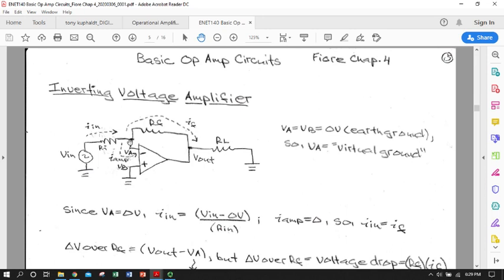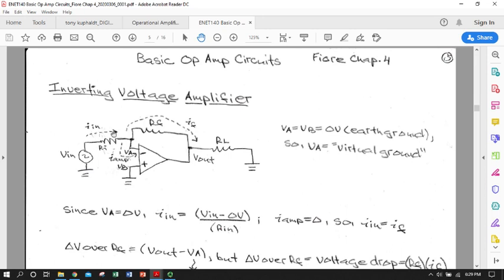So current is not going to flow into the inverting terminal because we have infinite input impedance into our op amp. So all of I in is going to flow into this node that has a voltage of V sub A, and then it's going to flow through the feedback resistor to the output.